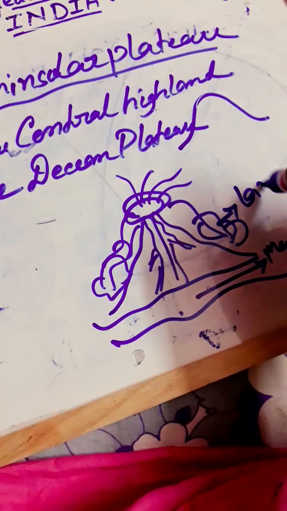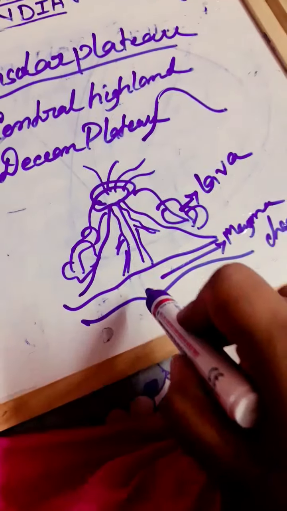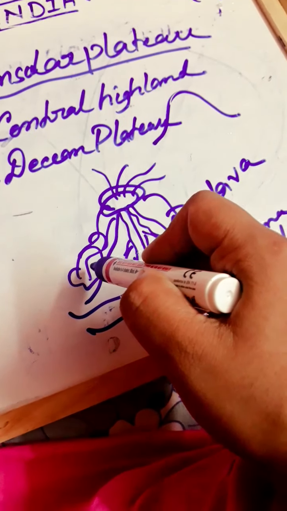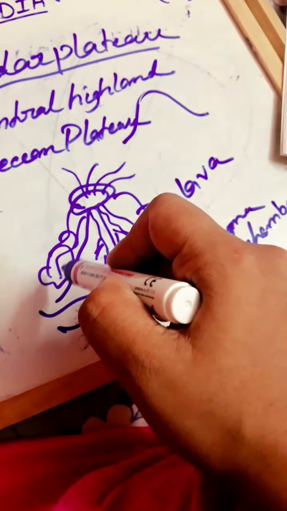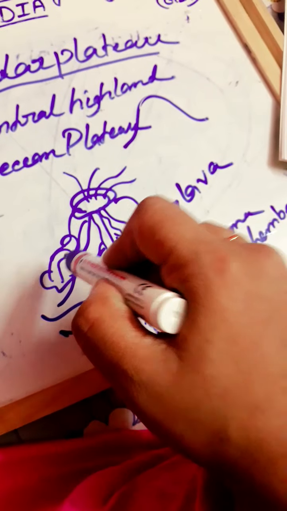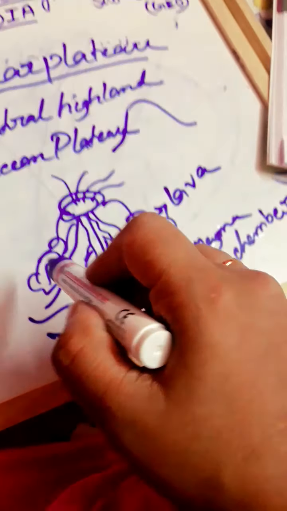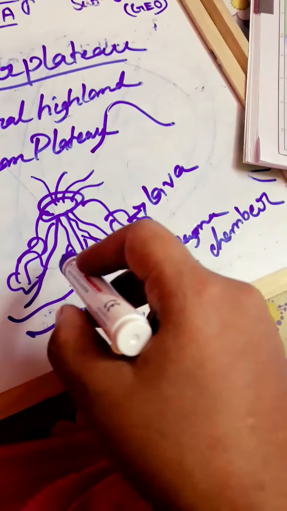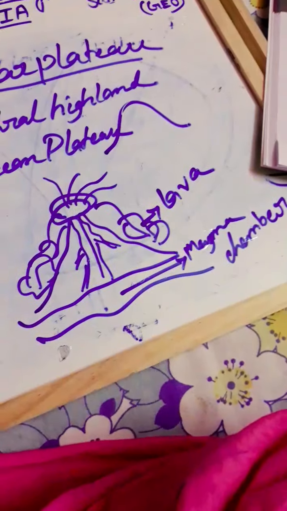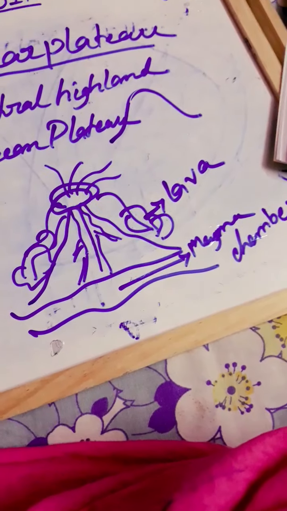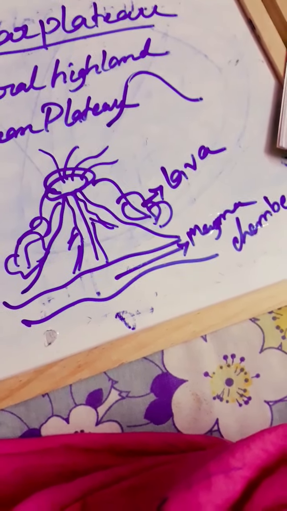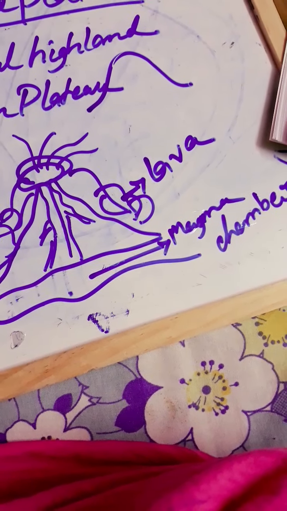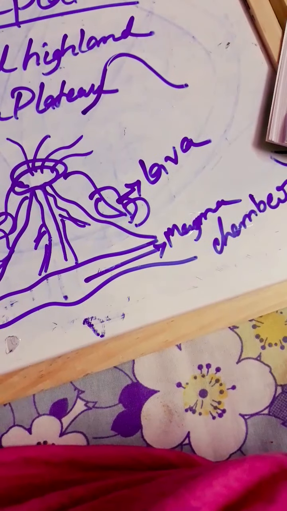These are known as lava. This is the magma chamber, and when it goes out from that portion, this is known as lava. Okay, so when it solidifies and cools down, the igneous rocks are formed, and this whole process is seen in the Peninsular Plateau area. So that's why this region has igneous rocks.